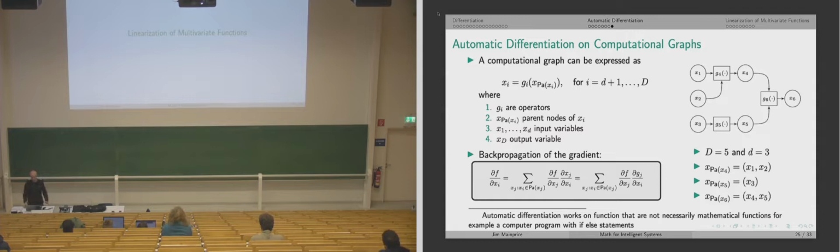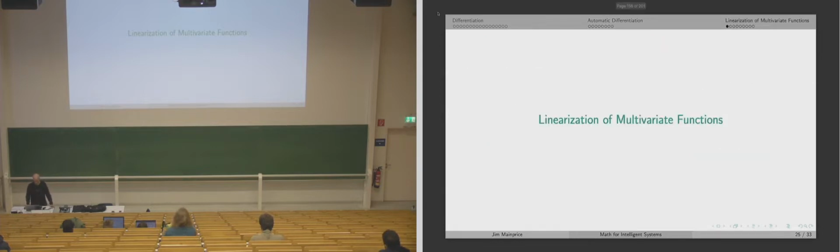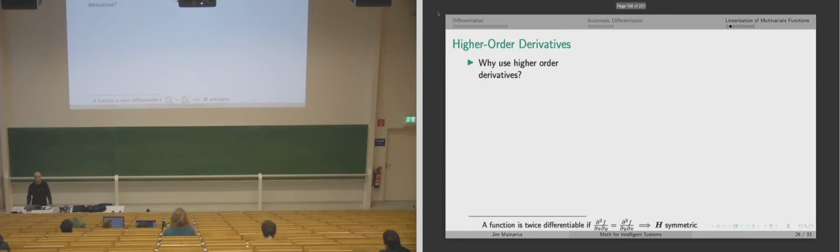Okay, so I'm going to go quickly over this. So this was for automatic differentiation. The thing to remember is that when you compute it through a graph like that, there are two kinds of derivatives.